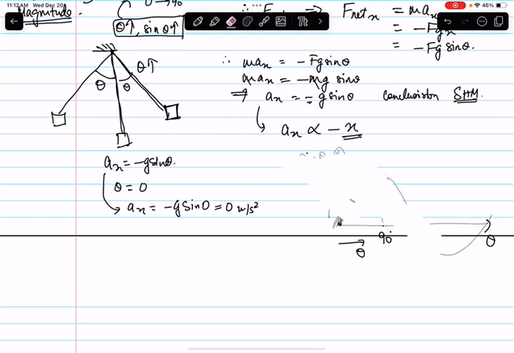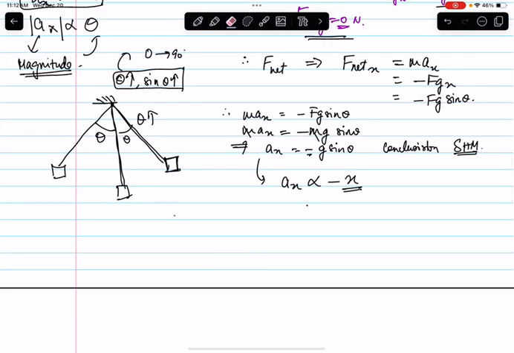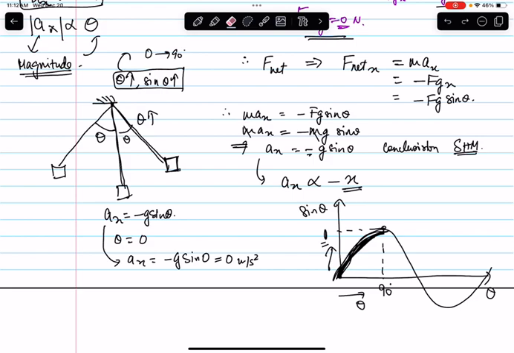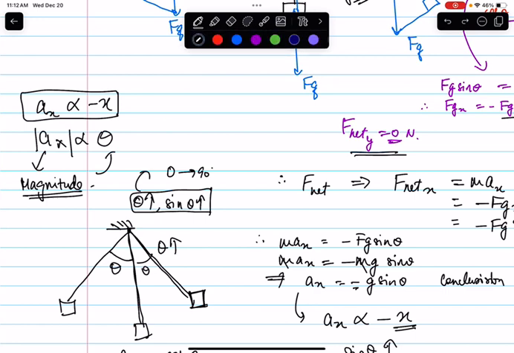So essentially what we're seeing is that if theta is rising, then sine of theta rises, but the maximum it can go is 90 degrees. So that's why we draw this hard line over here. We say that at this point you've got 90 degrees, so theta cannot go any higher than that.